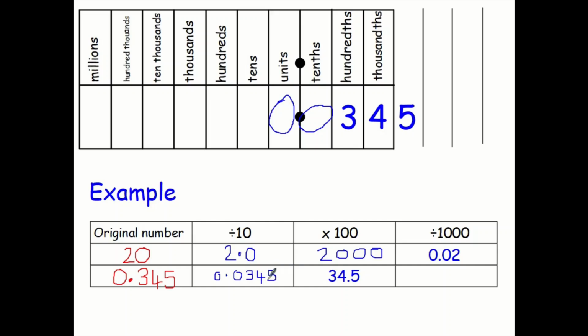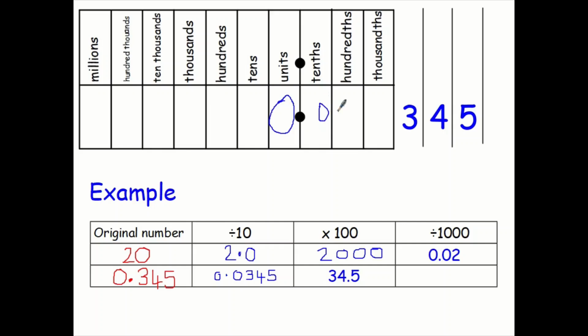And then what happens if I take my original number back again, 0.345, and we divide it by 1,000? Well, here's my original number, 0.345, and now I'm going to divide it by 1,000. So 3 jumps. 1, 2, 3. How many zeros do I have to put in?